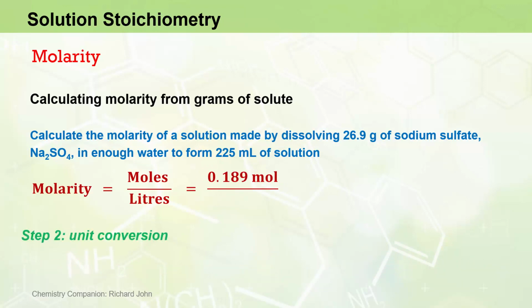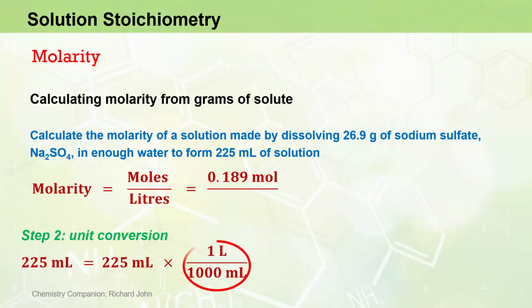Step 2 involves the unit conversion of 225 millilitres into litres. And what we do here is find the relevant conversion factor, 1 litre divided by 1,000 millilitres. Now 1,000 millilitres and 1 litre are identical quantities, just expressed in different units. So in effect, we are multiplying the 225 millilitres by unity, by the number 1.